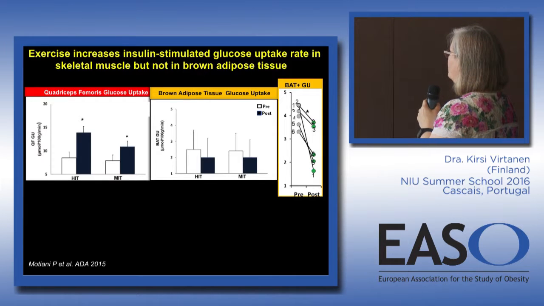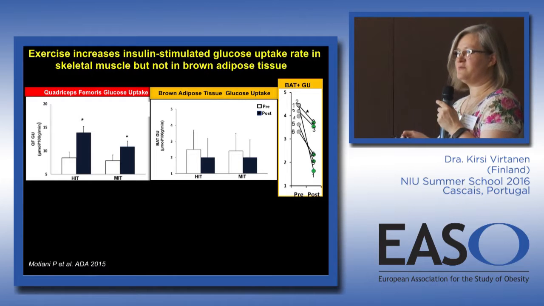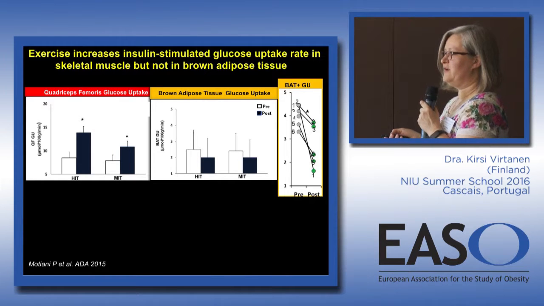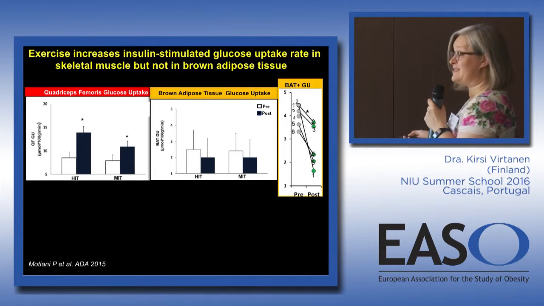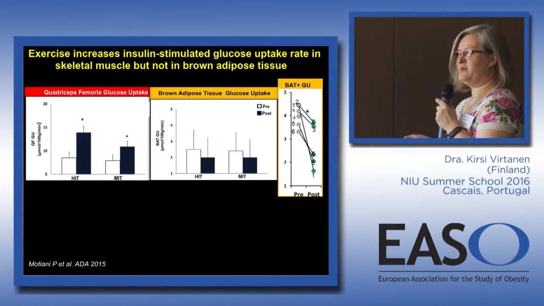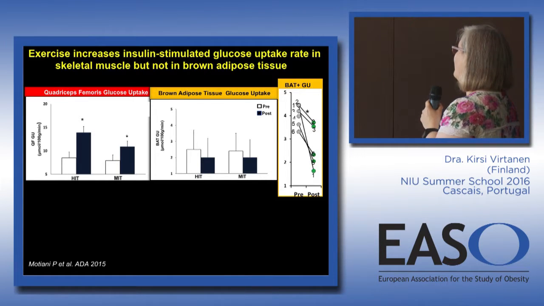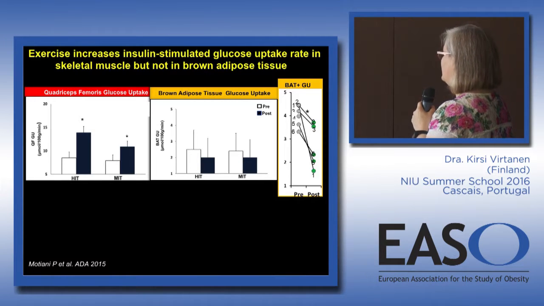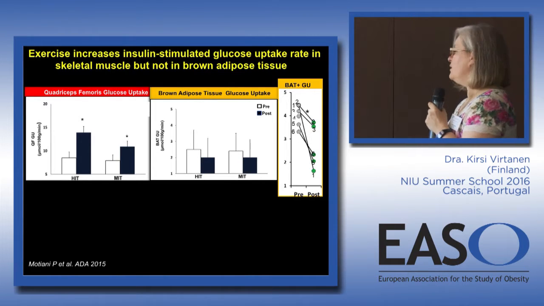However, when we selected the 6 subjects who were brown adipose positive at the beginning of the study, they actually decreased brown fat metabolic activity with the exercise. And we also repeated this kind of study with longer term exercise training, where we found no effect on brown fat function whatsoever.